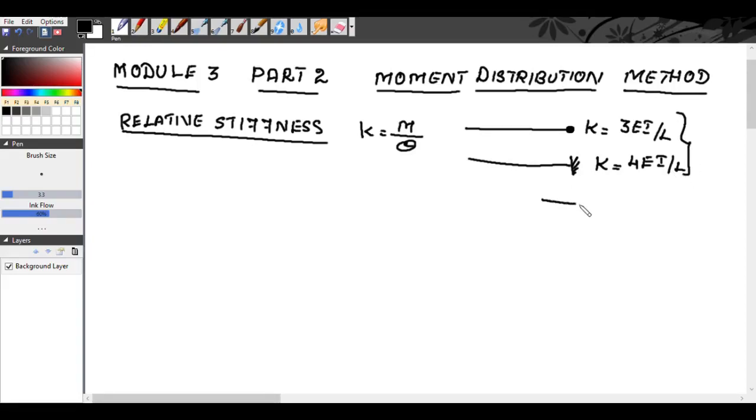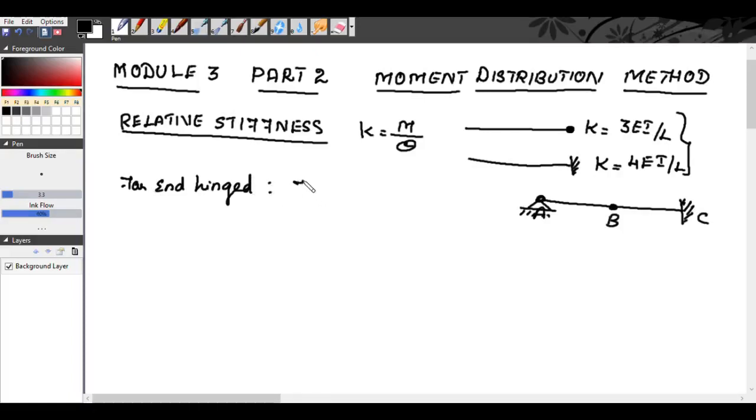In the same joint, you can have two cases, both fixed as well as hinged support. So this is your joint B, with A and C. A is a hinged support and C is a fixed support. In such cases, you can use relative stiffness.